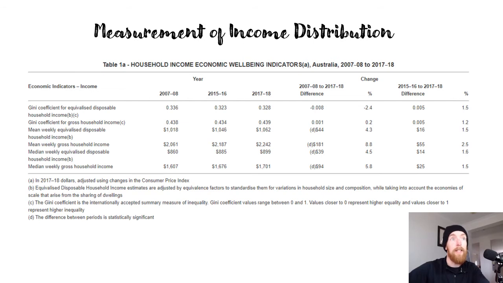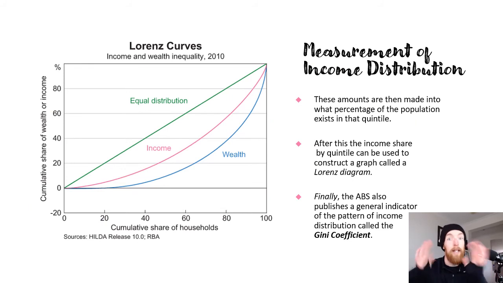So you'll see that in 2007-2008 it was 0.336 and now it's 0.328, which although that's not that significant of a change, it means that things have actually gotten a little bit more equal over time. Although we're a little bit lower, and there's a little bit more inequality than there was in 2015-2016, things are getting slightly more equal in Australia. And that helps explain this.